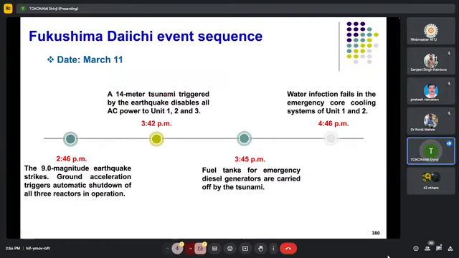A 14-meter tsunami triggered by the earthquake disables all AC power to Units 1, 2, and 3 at 3:42 p.m. At 3:45 p.m., fuel tanks for emergency diesel generators are carried off by the tsunami. At 4:46 p.m., water injection fails in the emergency core cooling systems of Units 1 and 2.